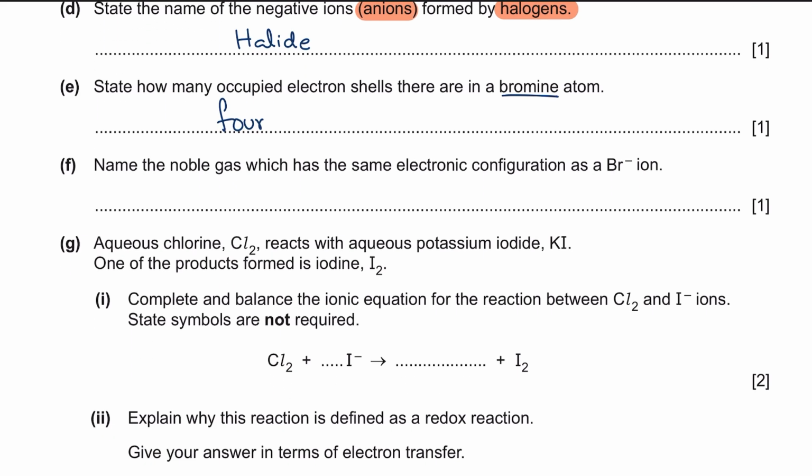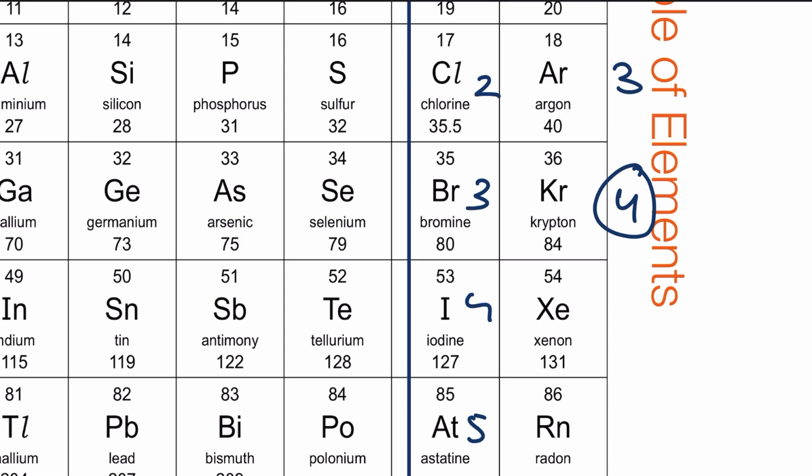Moving on, name the noble gas, basically group number 8, which has the same electronic configuration as the bromide ion. So let's look here. As a bromine atom has 35 protons, it will also have 35 electrons, right?